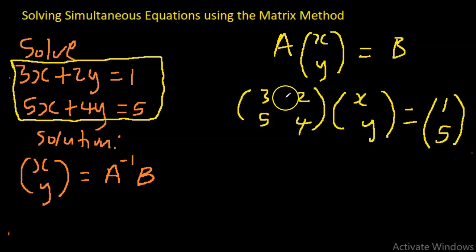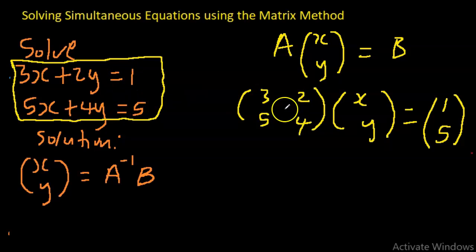So 3, 2 times xy will be 3 times x plus 2 times y, which is what we have here, equal to 1. And then expanding the 5, 4 with the xy, it's 5 times the x plus 4 times the y, and that would give us 5. Alright, so this is what we call the matrix equation of the original simultaneous equations.